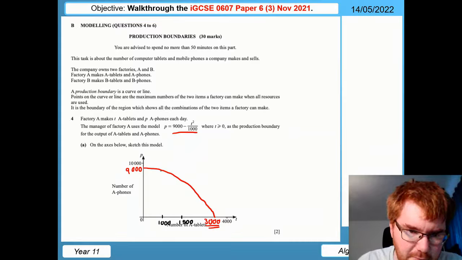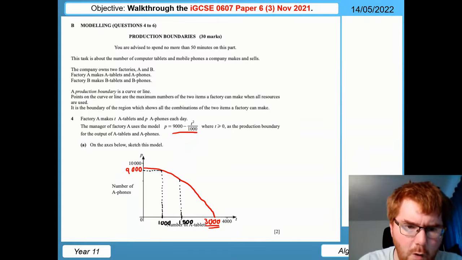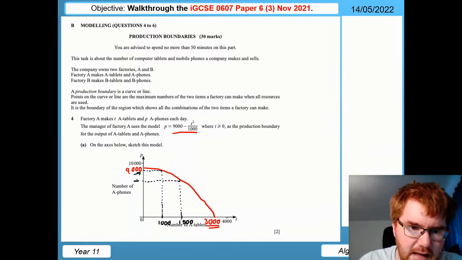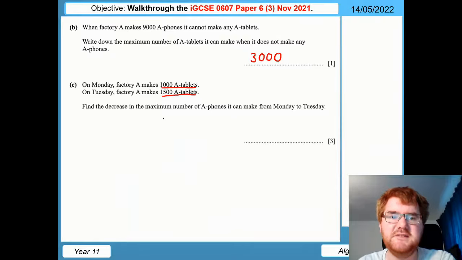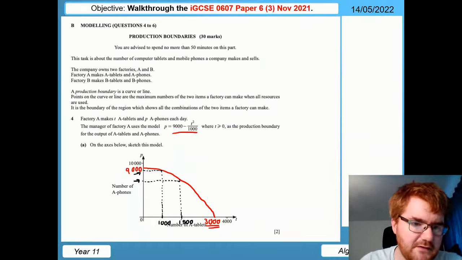What we're looking for is to read off the graph these two values here and here, and work out the maximum decrease, so the difference between those numbers.